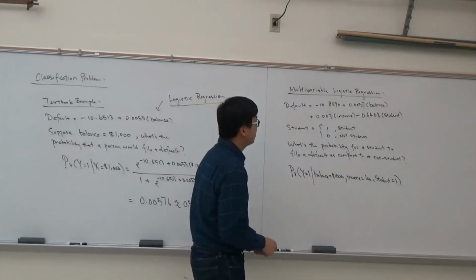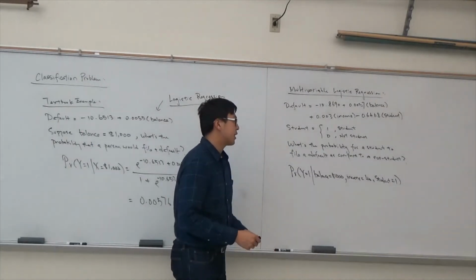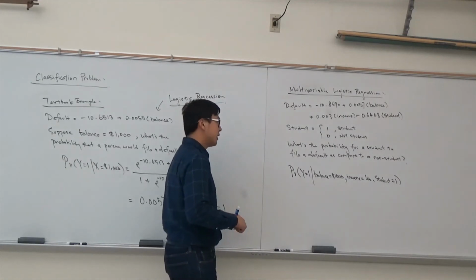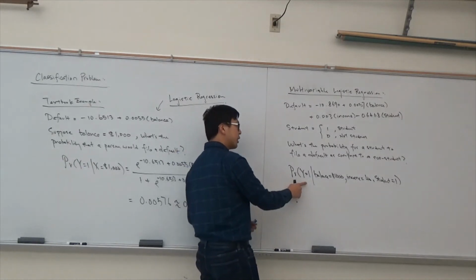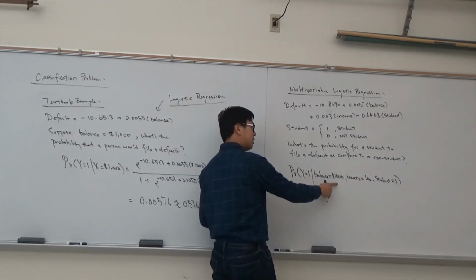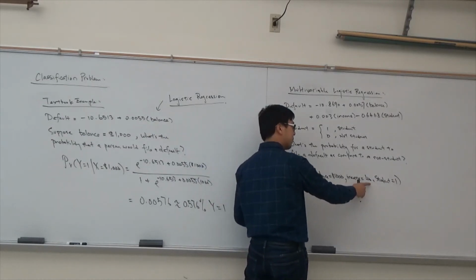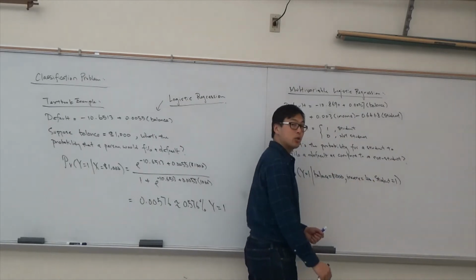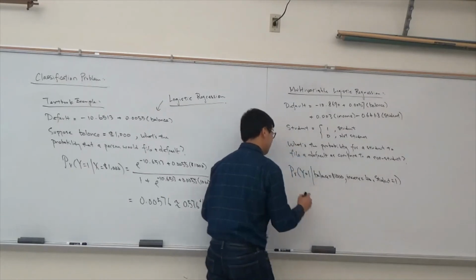Now we are going to put this together and write out the estimated probability when y equals 1, conditional on the person having a balance of $1,000, an income of $40,000 a year, and the student identity equal to 1. That means this person is a student.